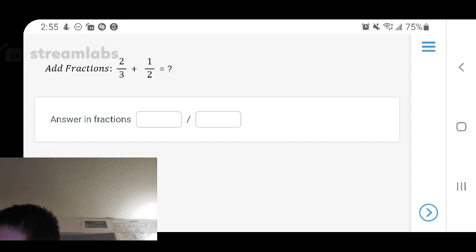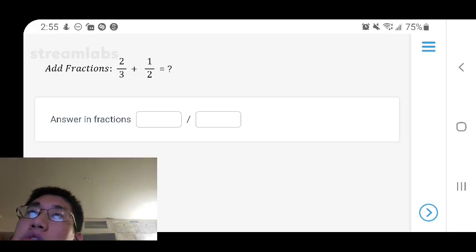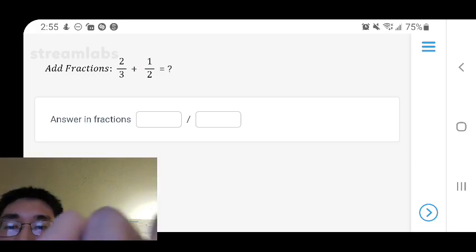Alright, just do it in my head. 4/6 plus 3/6. That's 7/6. Yep. So you want it in fraction. This is an improper fraction, so I can just do 7 over 6. Right? Yep.